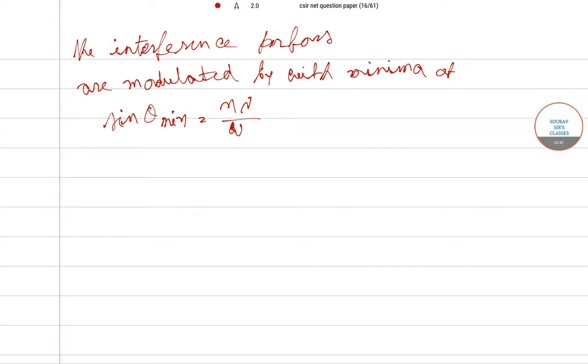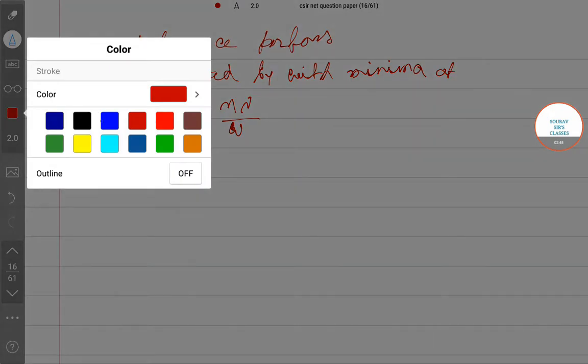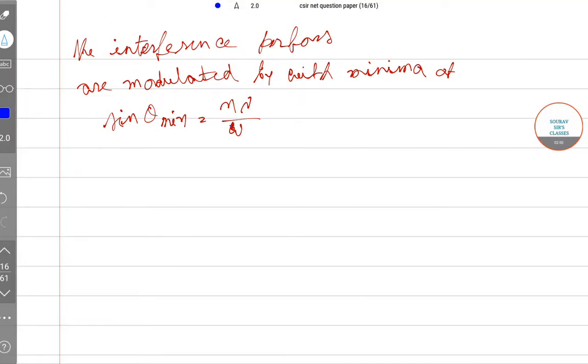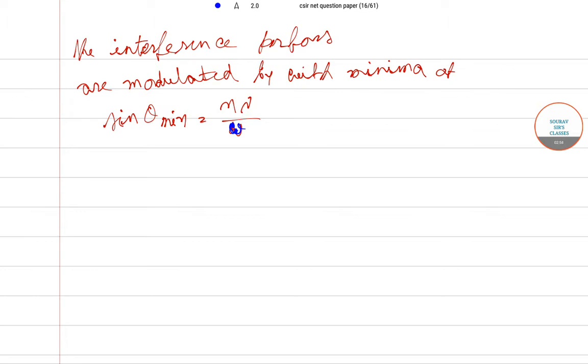N lambda by W is given in the question. So the minima is at sin theta minimum equals n lambda by W, where n is not equal to 0 and n equals plus or minus 1, plus or minus 2.